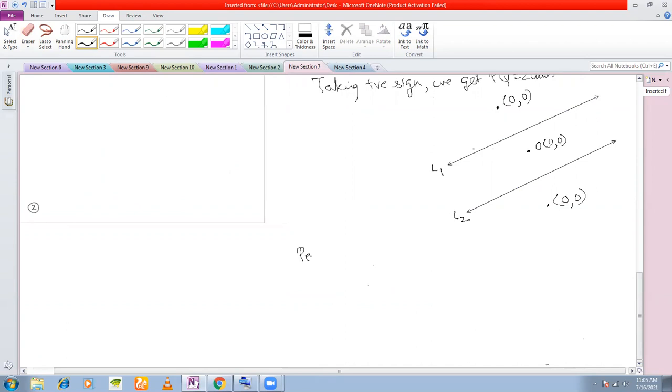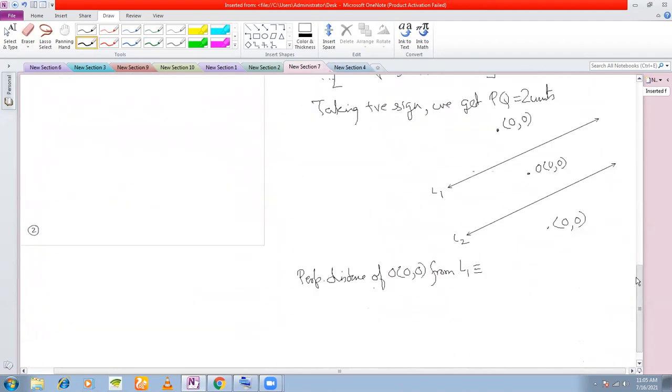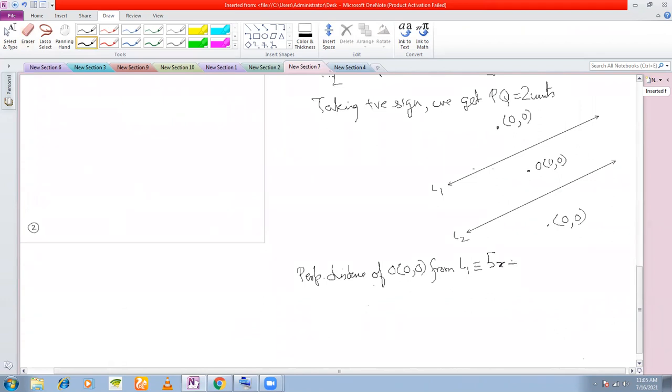So perpendicular distance of origin from L1. What is the equation of L1 we have taken? 5x plus 12y minus 30 equal to 0, let us call this as P1. Okay, so what should be the perpendicular distance here?